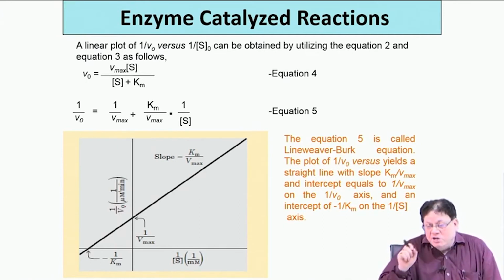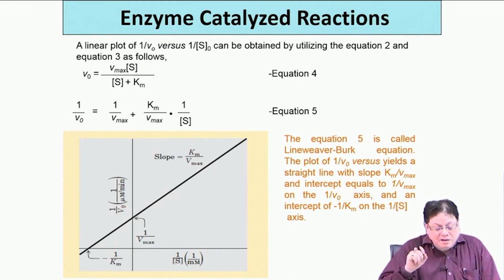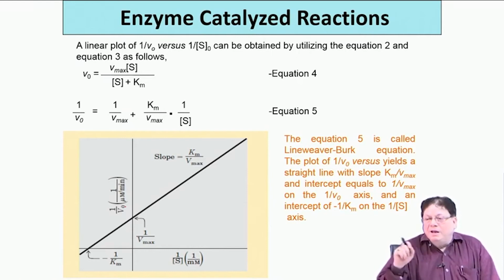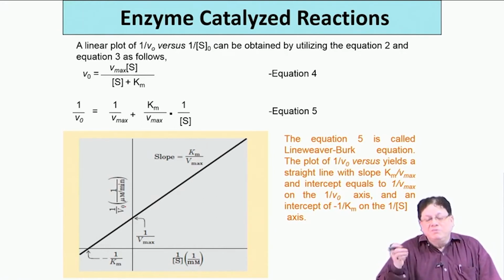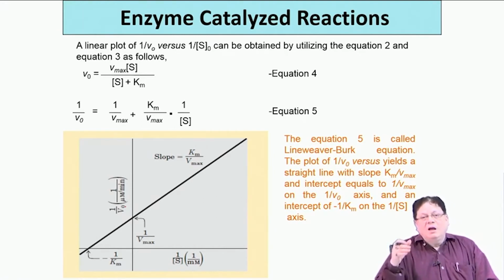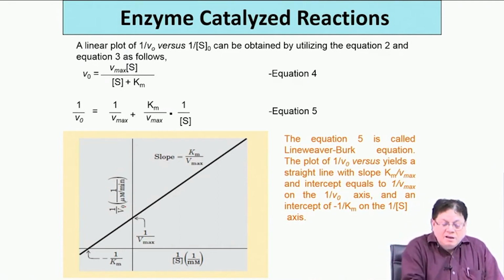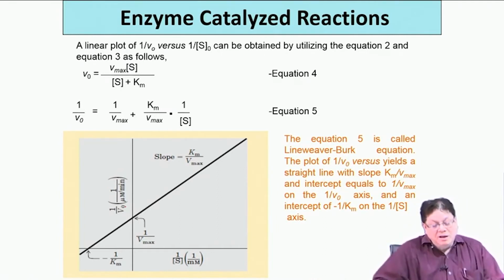velocity at the initial point, because the enzyme velocity will be maximum in the beginning when the enzyme is available in total quantity, but as soon as some active sites are being filled up, the rate will slowly decrease. So in the Michaelis-Menten equation, this is V0, the initial rate.